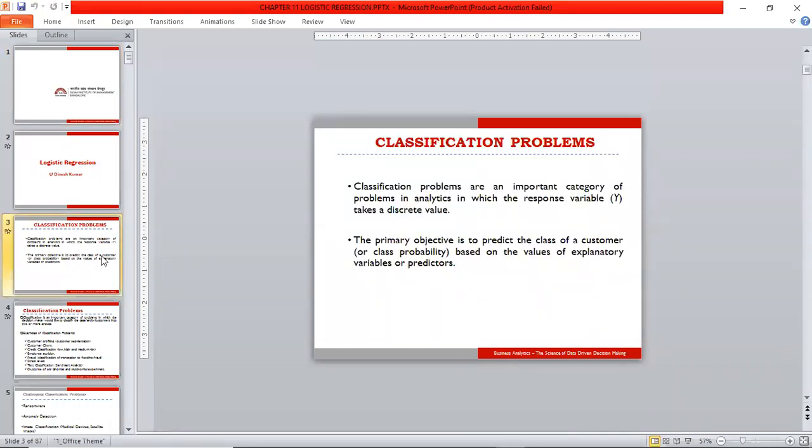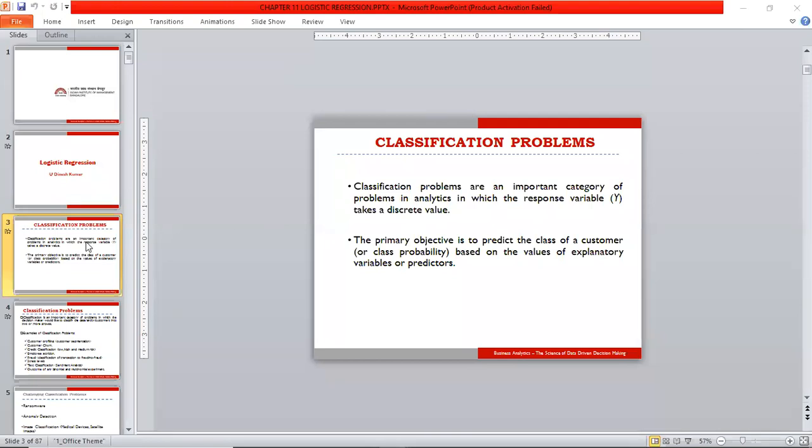This is called a classification problem, where we need to classify the output as either 0 or 1. So then we go for logistic regression.